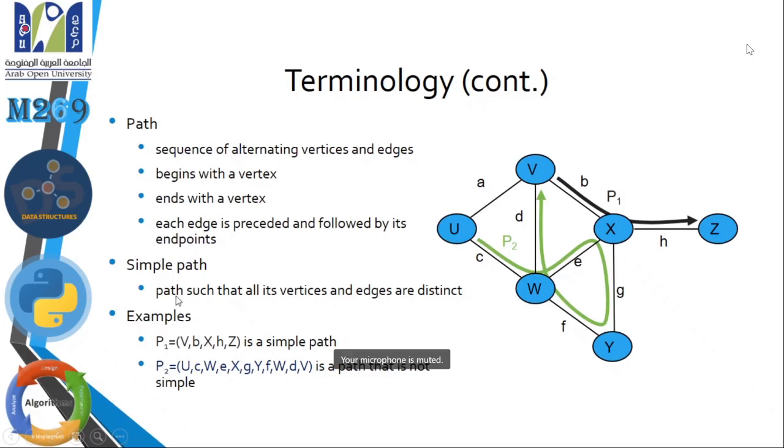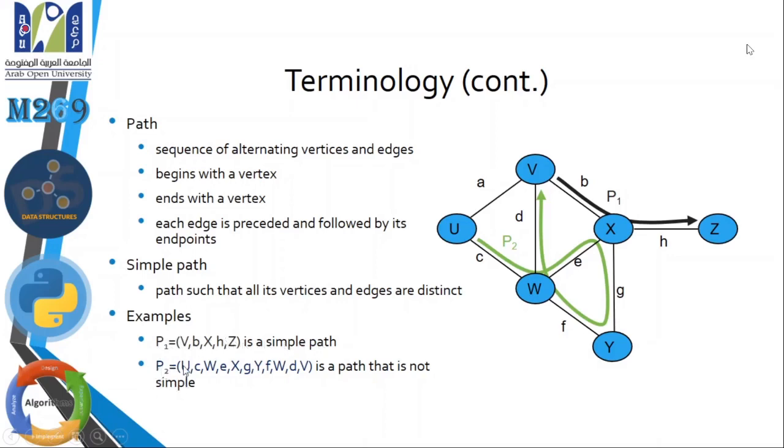Simple path. A path such that all its vertices and edges are distinct. For example, path number 1: V B X H Z. So it is a simple path.